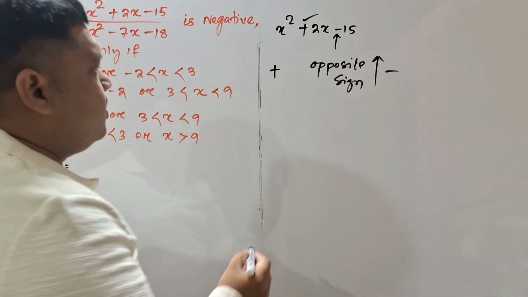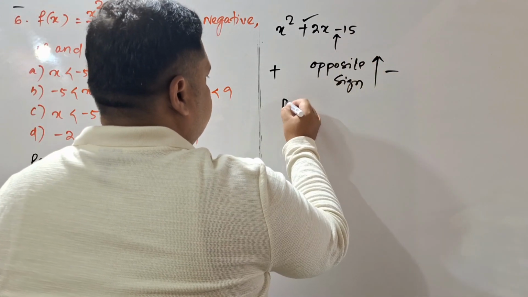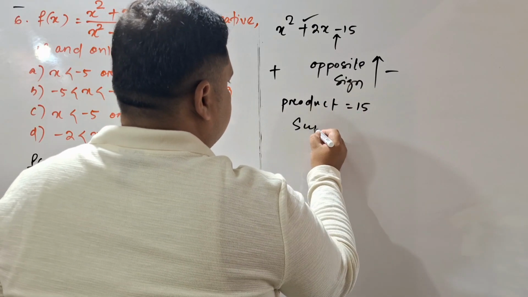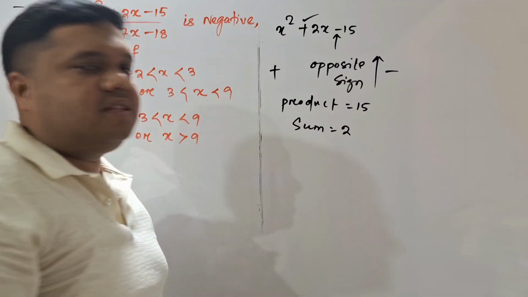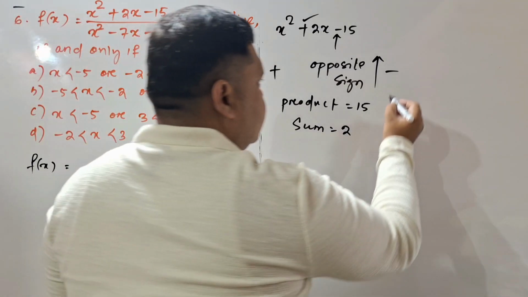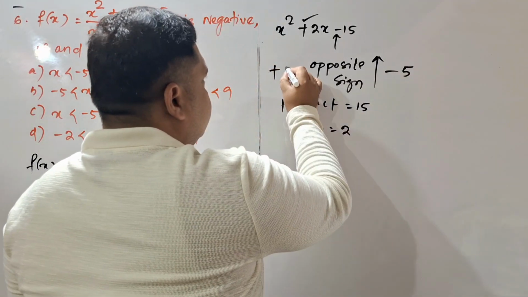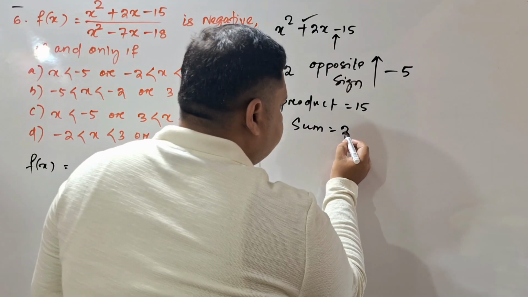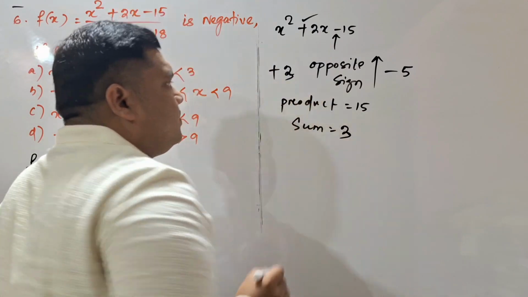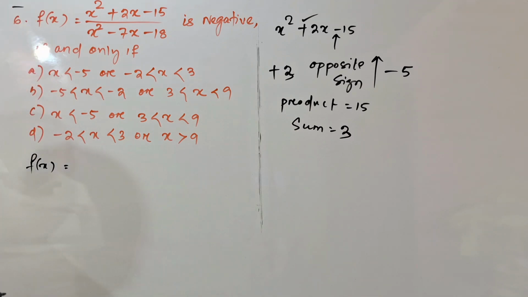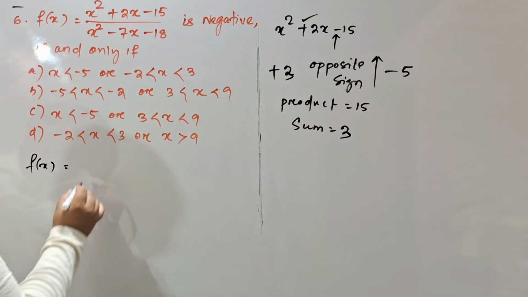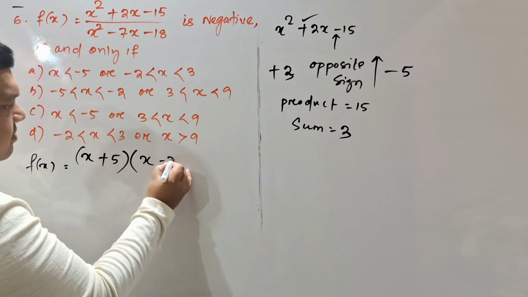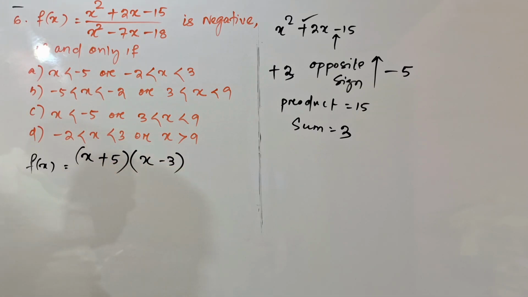Here the product is 15 and the sum is 2. So the numbers are 5 and 3. So I write 5 here and I write 3 here. Clear? 5 into 3, 15, na? Okay. So minus 5, plus 3. So here you can write x plus 5 whole into x minus 3. These are two terms. Clear?